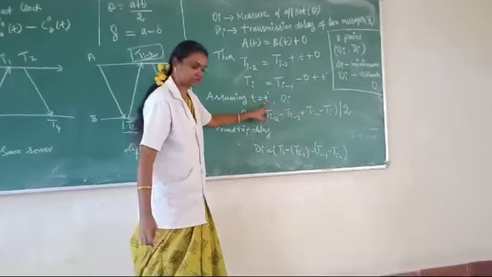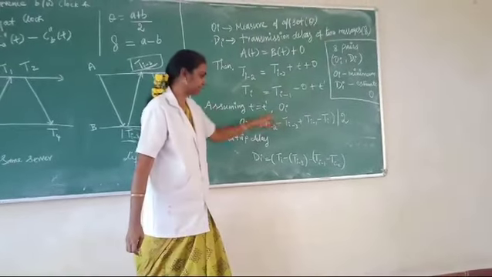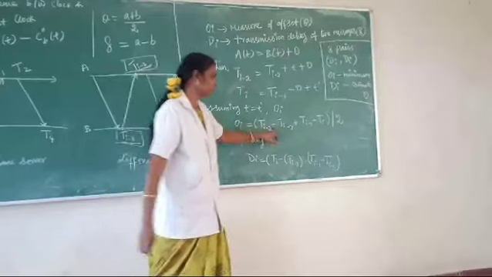Assuming t equals t dash, the offset is calculated by Ti-2 minus Ti-3.